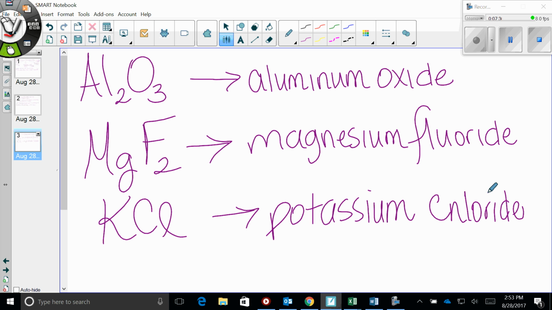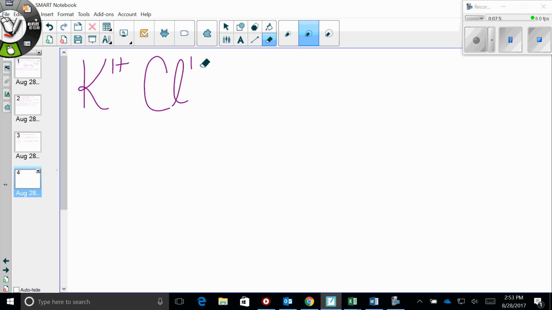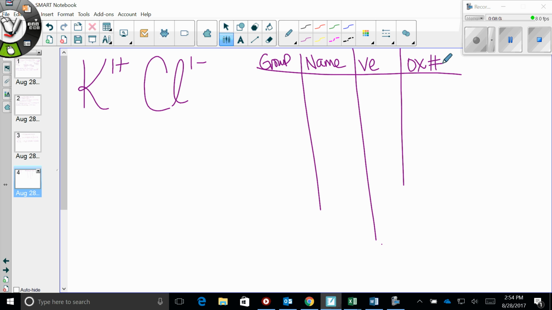All right, what you see? All right. We're going to start from the bottom up. I have to know my oxidation numbers. On the back of my periodic table, I should have made a chart that shows the oxidation numbers. So I should have something that looks like this. Remember this one?